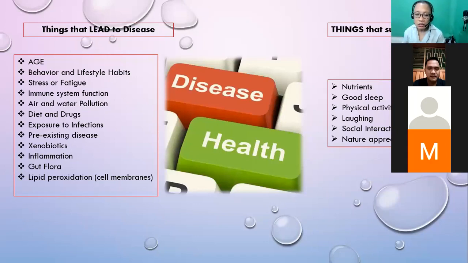So it is important, magkaka-connect yan. So increase your immune functionality so that you have good soldiers to fight for you if you're exposed to pathogens that will cause infection. Also, if you have pre-existing diseases, there are a lot of individuals that are born with pre-existing conditions. But that is not a death sentence for those that are born with pre-existing conditions.